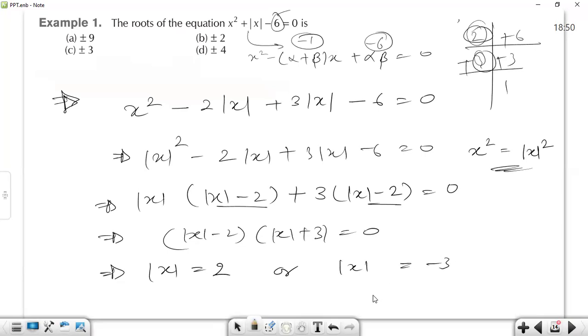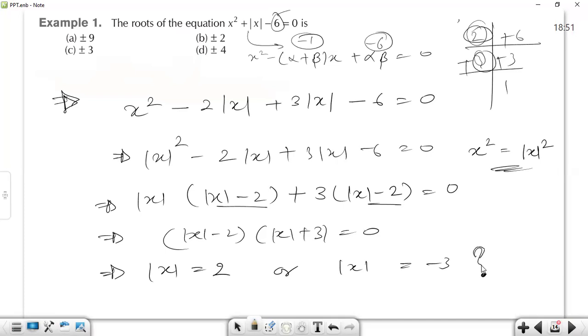So tell me, for any value of x, would its modulus ever be negative? Can the modulus of any number be negative?